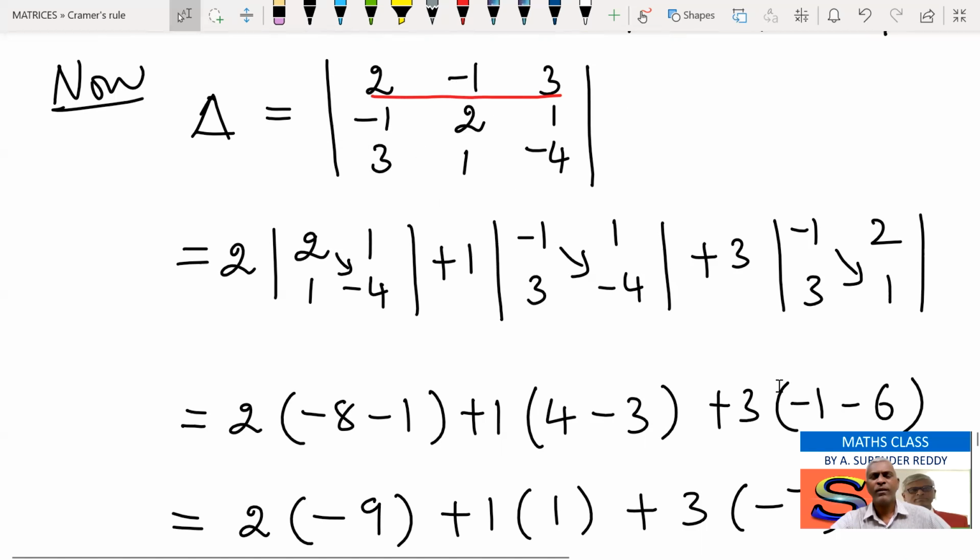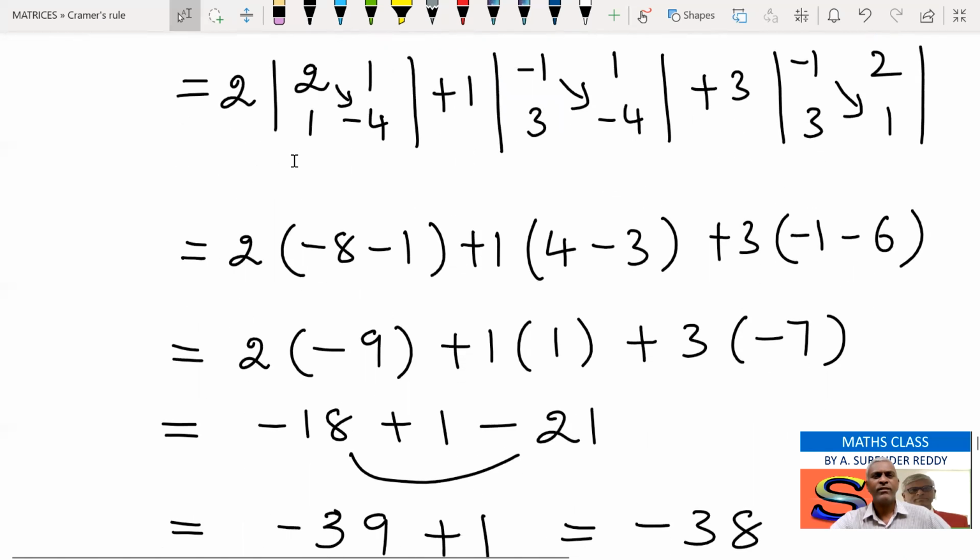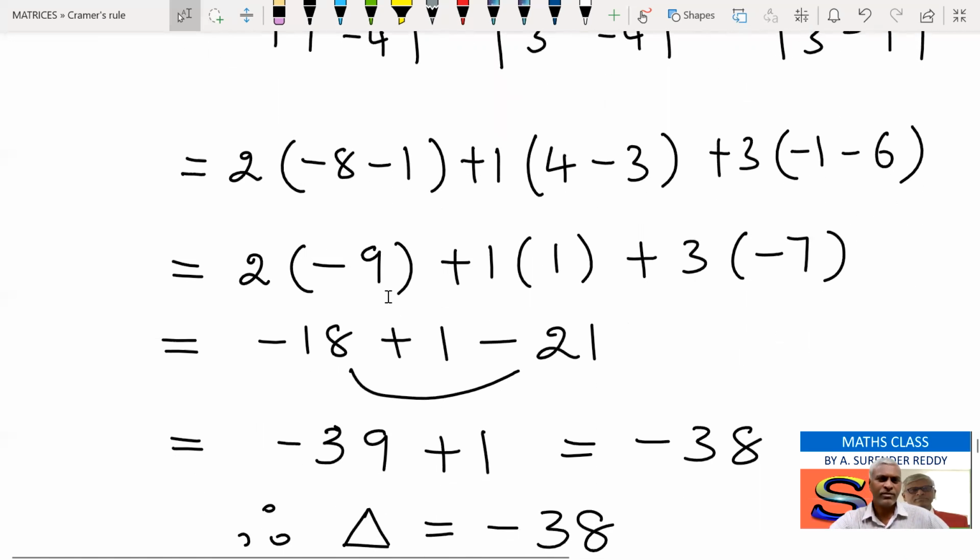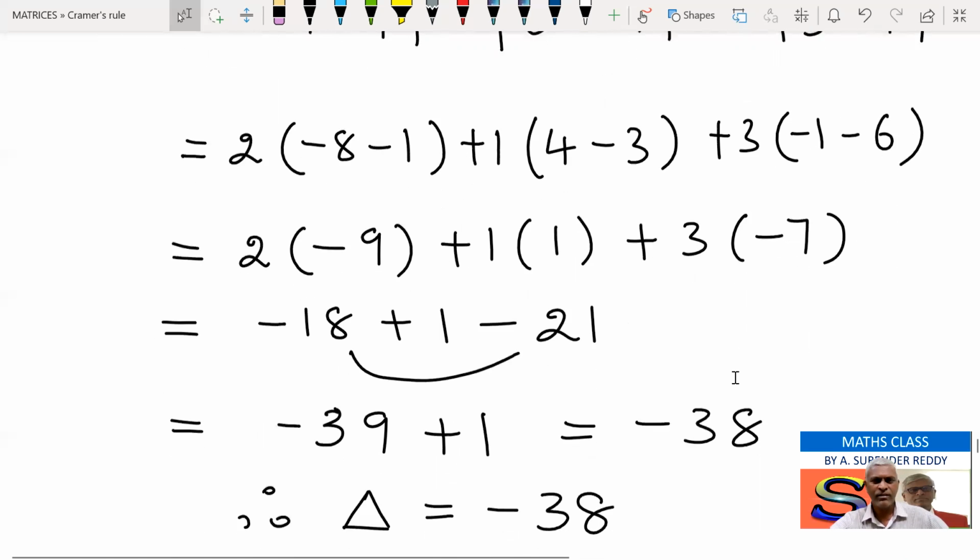Minus 1, 2, 3, 1. Simplifying: 2 into minus 4, minus 1 into 1, minus 1 into minus 4, minus 3 into 1, minus 1 into 1, minus 3 into 2. So minus 8, minus 1, minus 9, 4, 3, 1, minus 1, 6, minus 7.